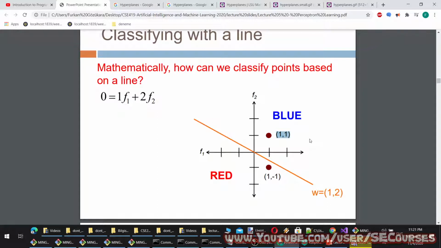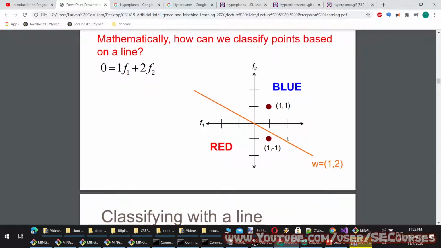Our data can be anything. They can be, let's say, blue rocks and red rocks, or anything else, and these can be the values of features. What could be the features of blue rocks and red rocks?